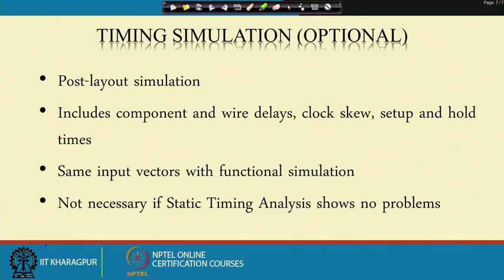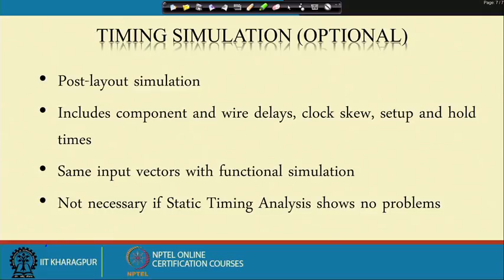So, in timing simulation what is there? In the functional simulation, no gate delay or net delay is included. It only checks whether for 1 plus 1 I am getting 2 or not for a particular adder design.